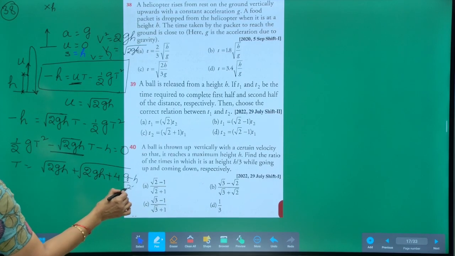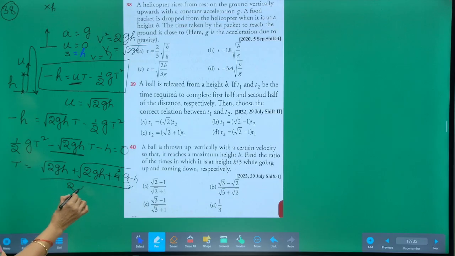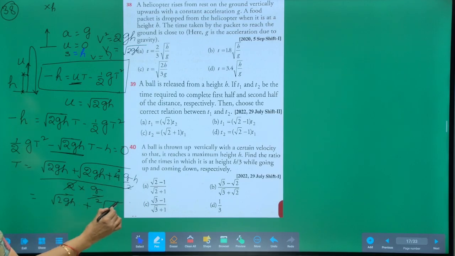Minus of minus becomes plus. So 2 divided by 2a, a is g by 2, 2 and 2 get cancelled. So this is root 2gh plus root 4gh, by g.